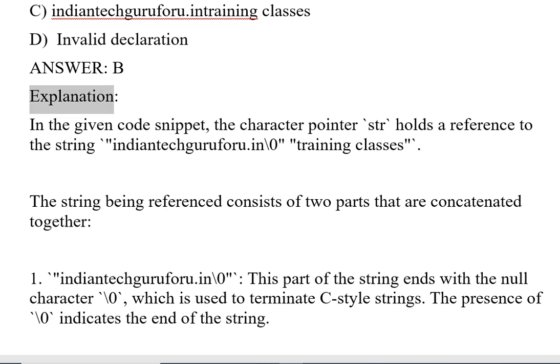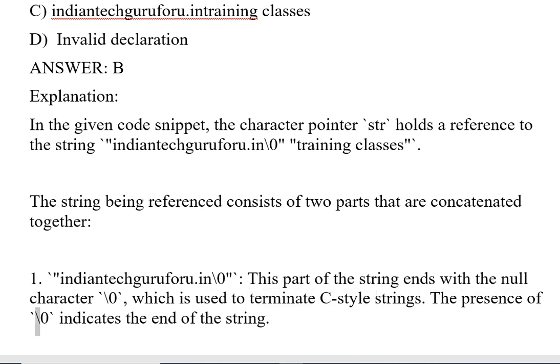Explanation. In the given code snippet, the character pointer str holds a reference to the string "Indian Tech Guru in \0 training classes". The string being referenced consists of two parts that are concatenated together. 1. "Indian Tech Guru in \0". This part of the string ends with the null character \0, which is used to terminate C-style strings.